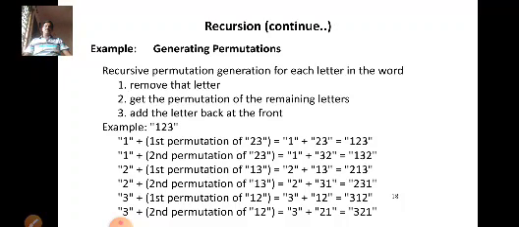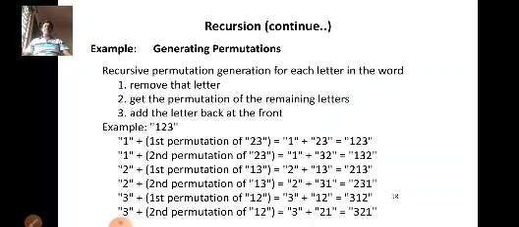Here for generating permutations, you see an example of recursion for permutation generation: for each letter in the word, remove that letter, get the permutation of the remaining letters, and add the letter back to the front. For example, we take 1, 2, 3. You observe 1 plus the first permutation of 2, 3, that is 1 plus 2, 3.